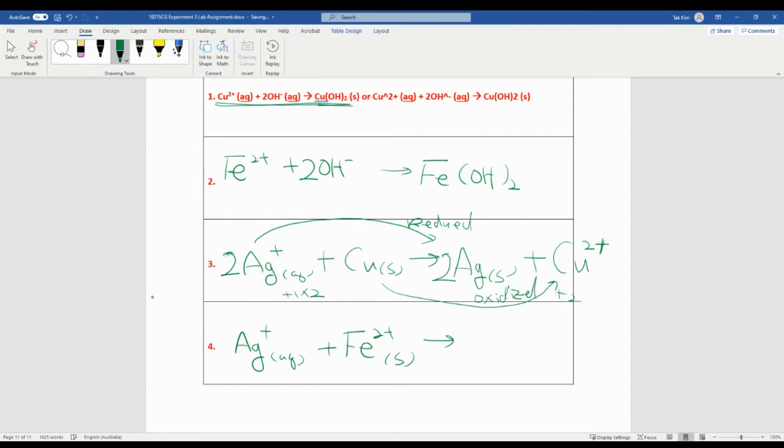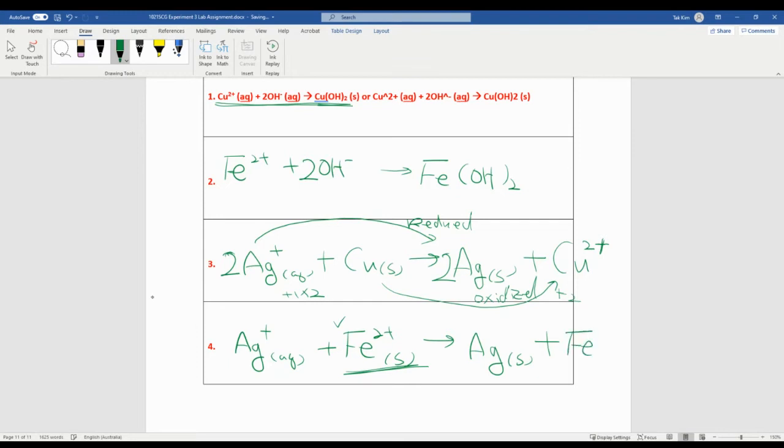Okay, so last one. So they are all oxidized, but based on the activity series, this will be much more reactive than this one. Because of that, silver is strong enough to steal electrons from Fe2 plus. So silver will again be reduced. And then, this is something we really haven't covered, but iron has multiple oxidation states, but the most common one is 2.